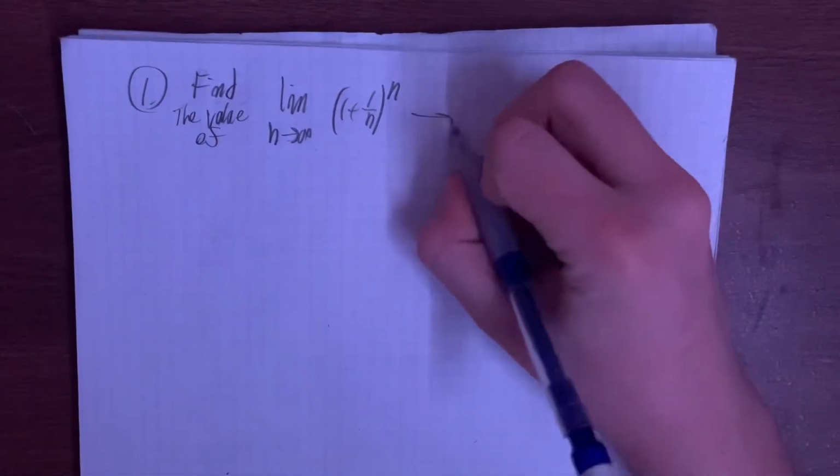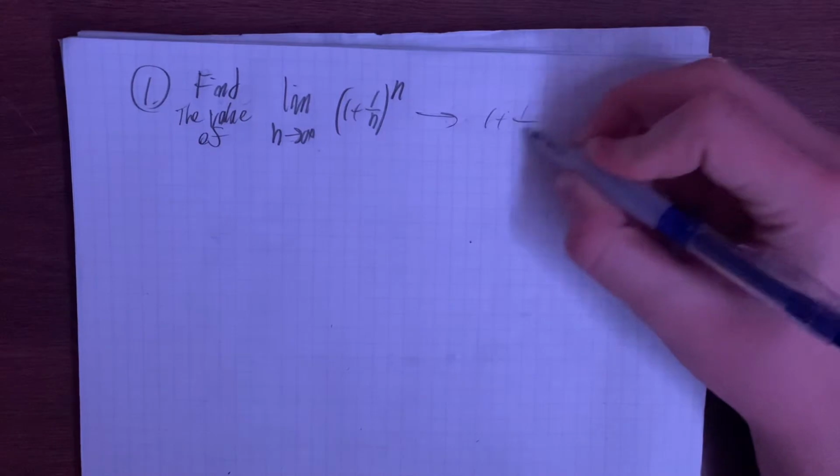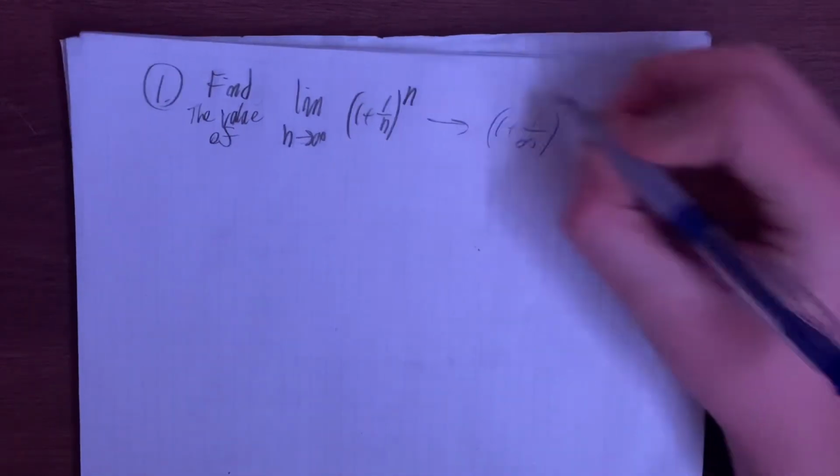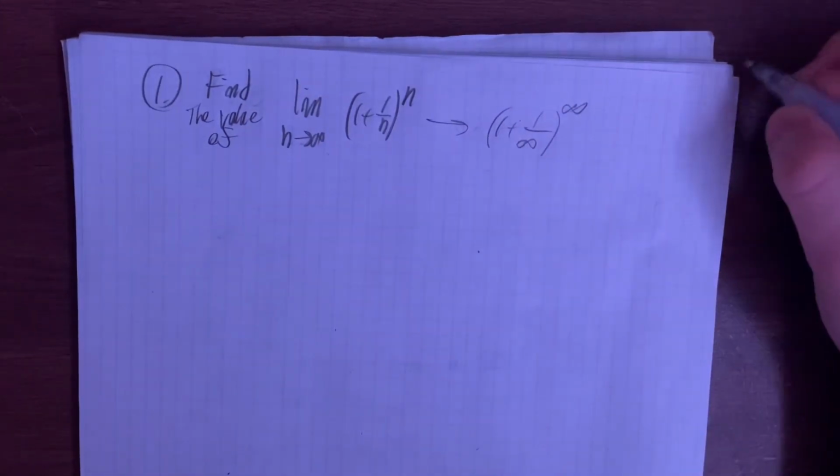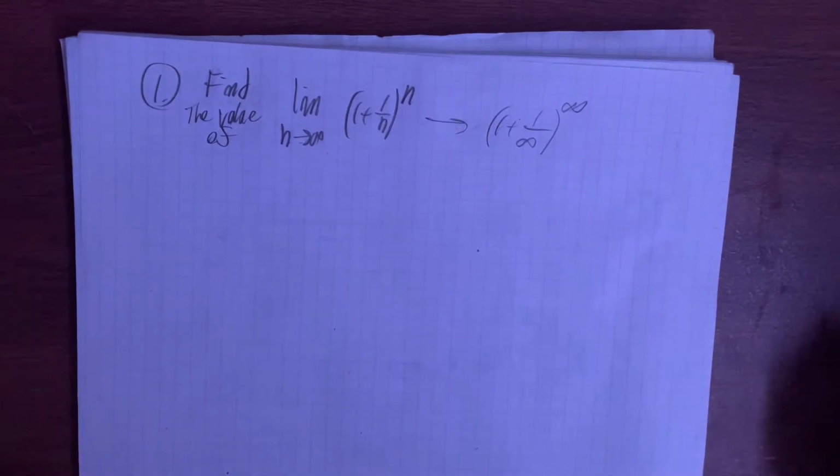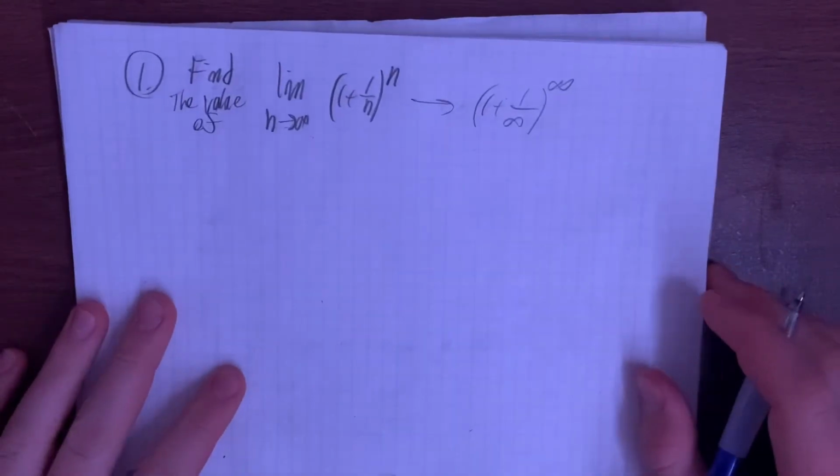So you'll see this is a limit, so we'll just try and actually plug in n equals infinity. We'll get 1 plus 1 over infinity to the infinitieth power, if you will forgive my notation using infinity.